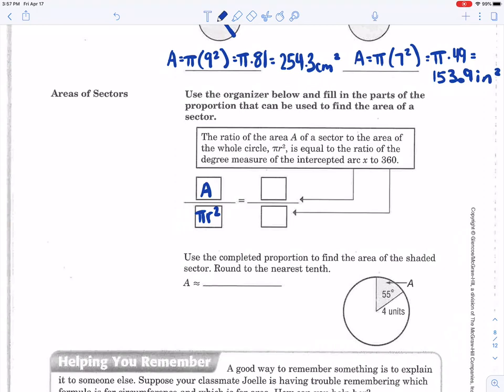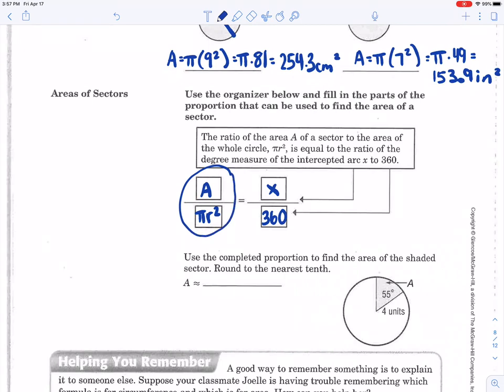If I take that ratio and I set it equal to x over 360, where x is the measure of that central angle, I get the ratio of the area A of a sector to the area of the whole circle, pi r squared, is equal to the ratio of the degree measure of the intercepted arc to 360.